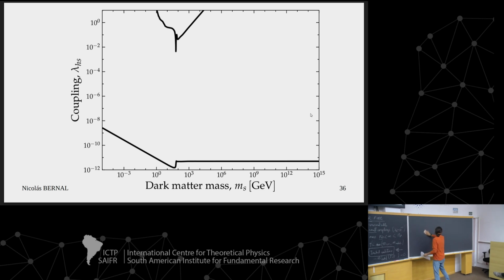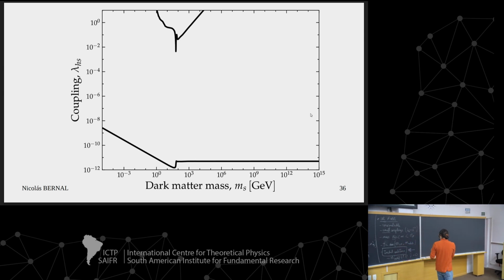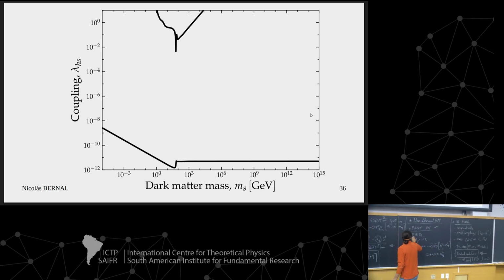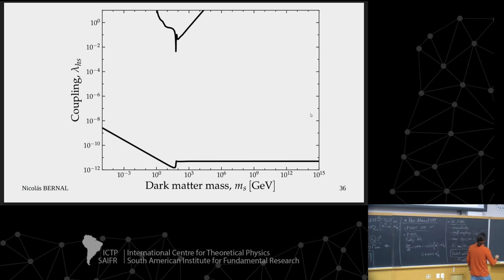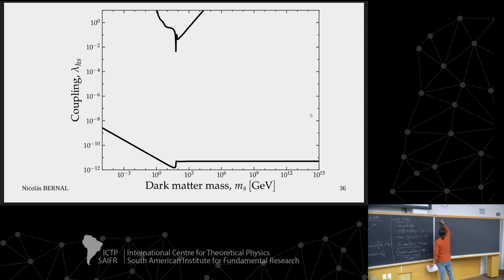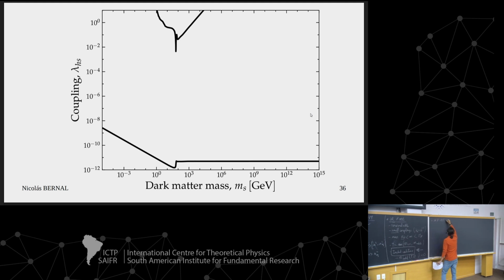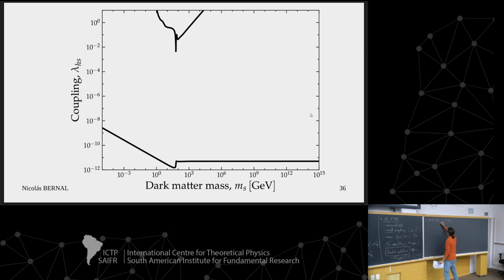Okay, now let's exploit a bit more the same model. We can see the different mechanisms. I will try now to combine mechanisms. Let's try to use, for instance, one particular case where you have infrared freeze-in plus SIMP.